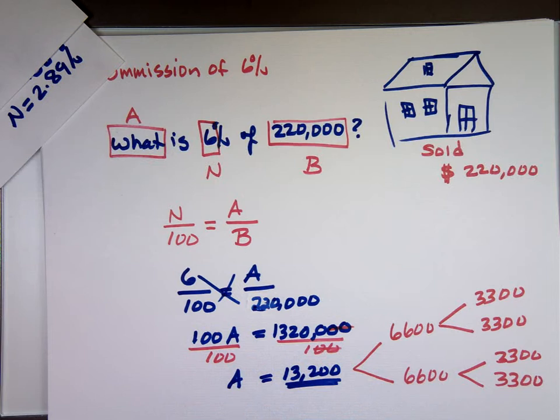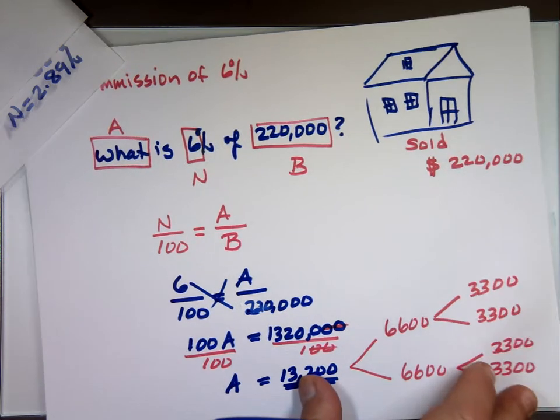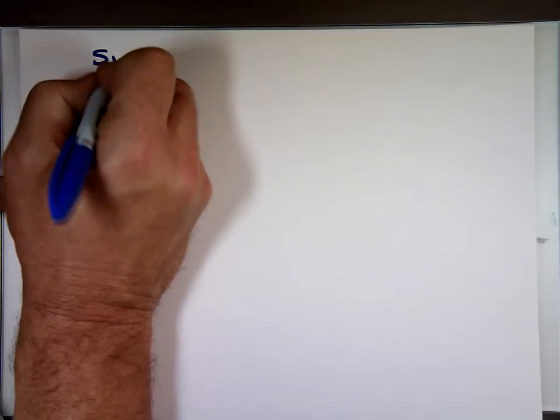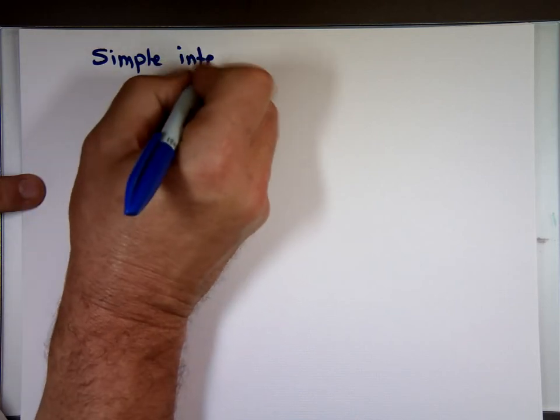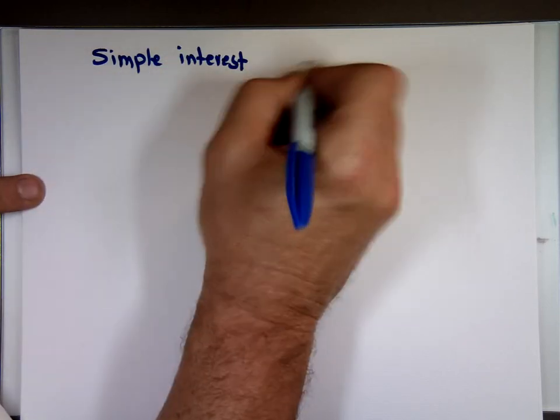One more I'll do with simple interest. I'll do one more example, simple interest. Simple interest means the interest is calculated once a year. Let's say it's 5%.